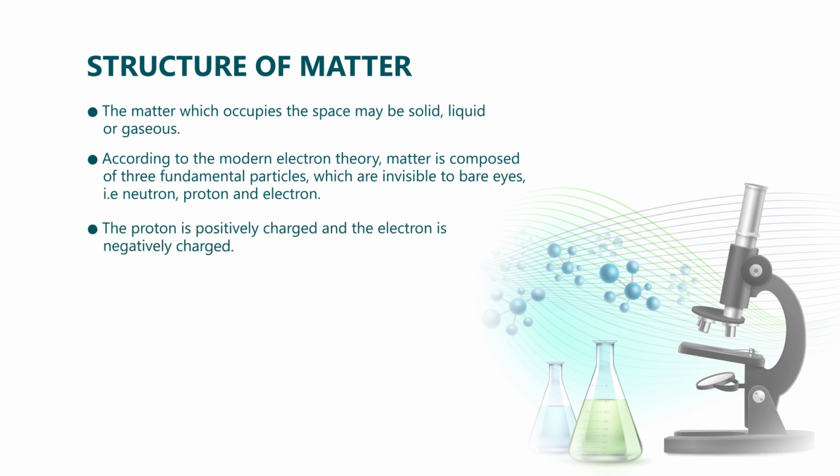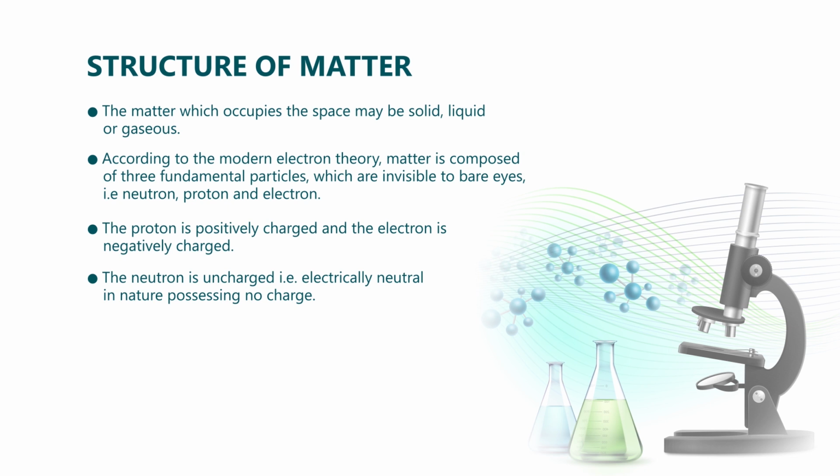The proton is positively charged and the electron is negatively charged. The neutron is uncharged, that is, it is electrically neutral in nature, possessing no charge. That means the electrons have negative charge while the protons have positive charge. The neutron has no charge, making it electrically neutral in nature.